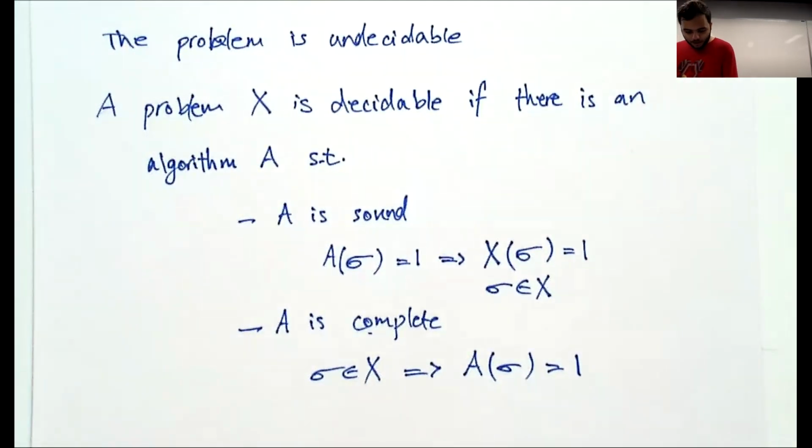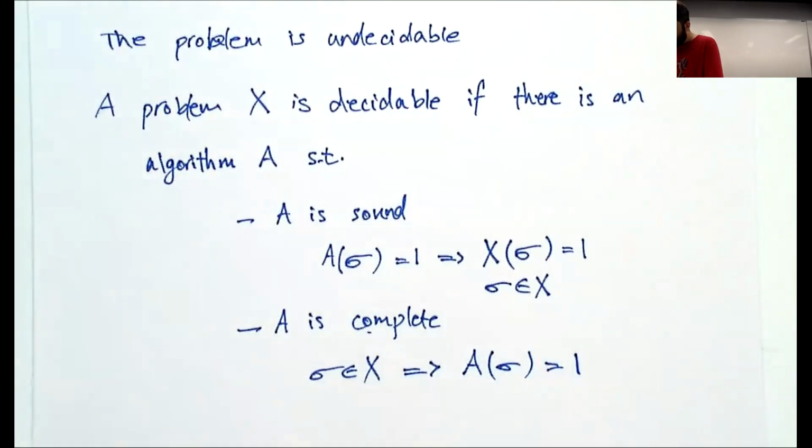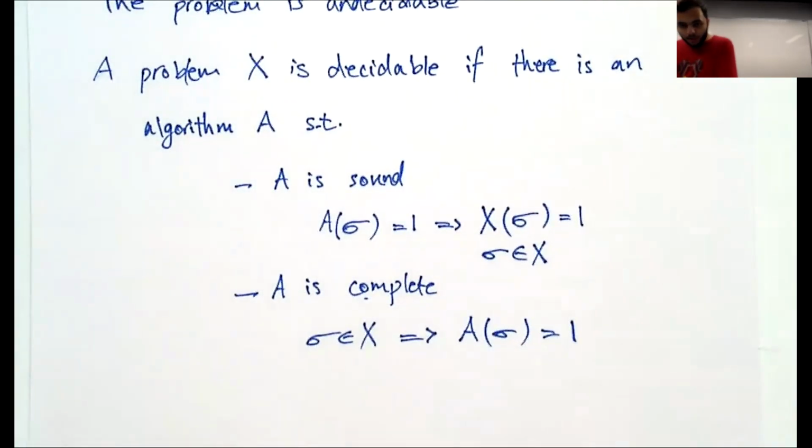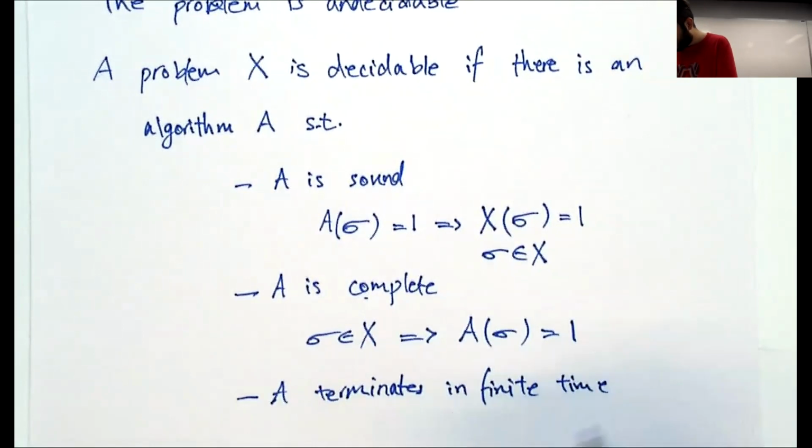And of course, we expect the output of the algorithm A to be only 0 and 1, we're assuming that. But the third condition that we want for our algorithm is that we want it to actually terminate. A terminates in finite time over every input.